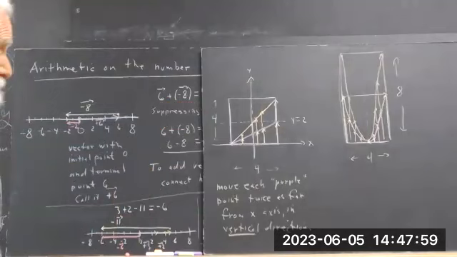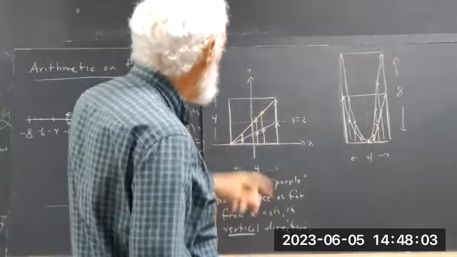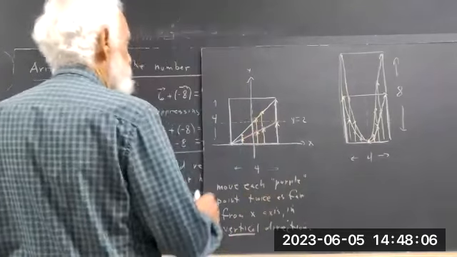Well, that's an important idea. So we can see a couple of things. This is a straight line.